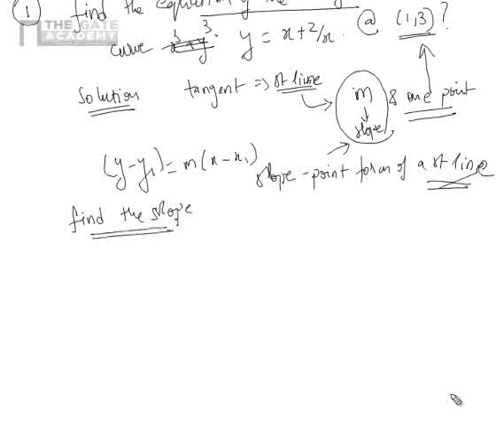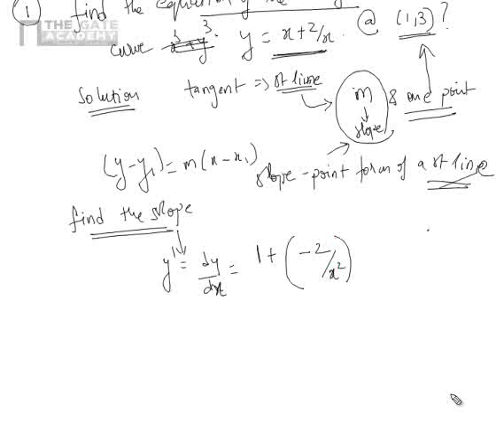And what is slope? Slope is nothing but y dash, that is dy by dx. To find it, I have to differentiate the given function. x on differentiation will give me 1, and 2 by x on differentiation will give me minus 2 by x square.